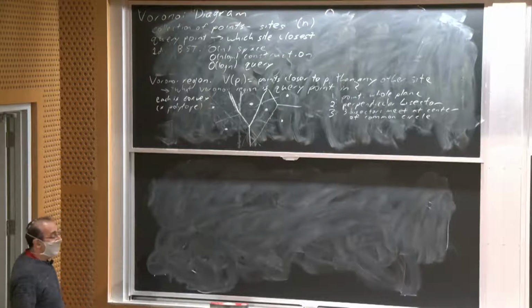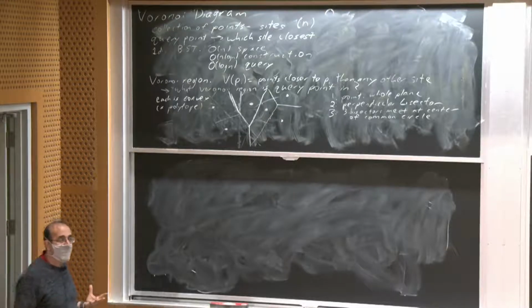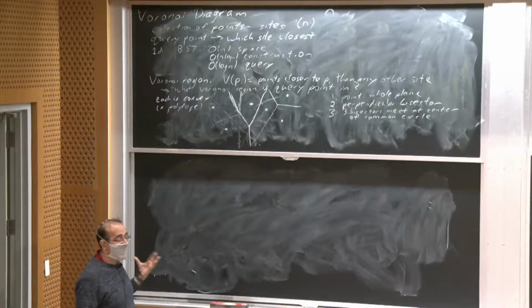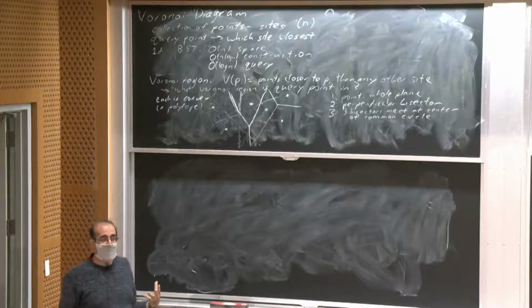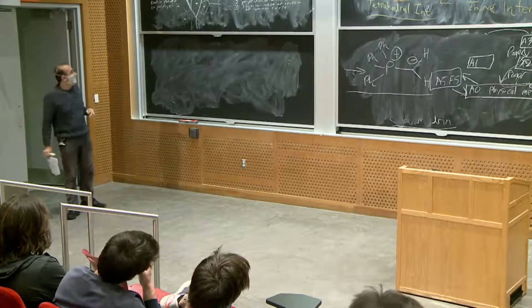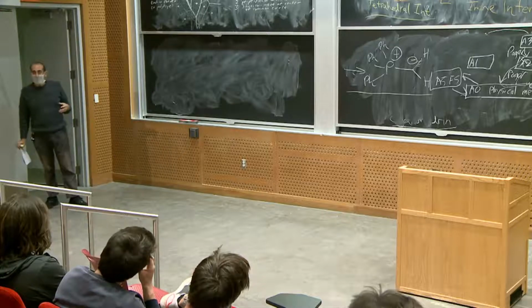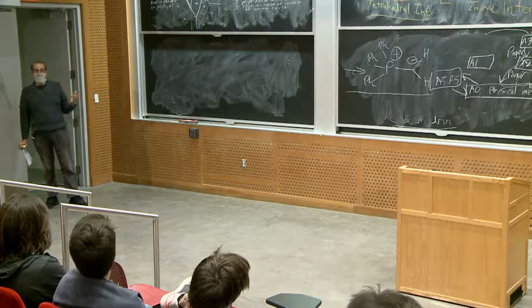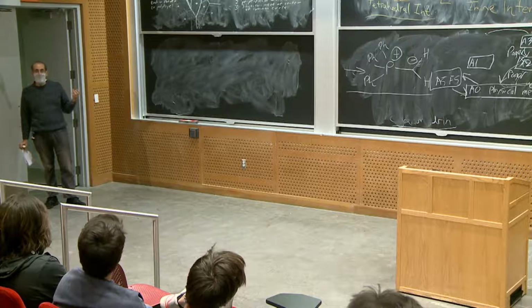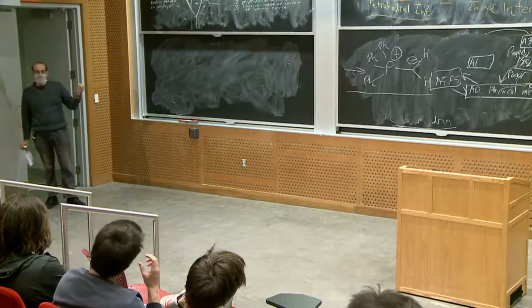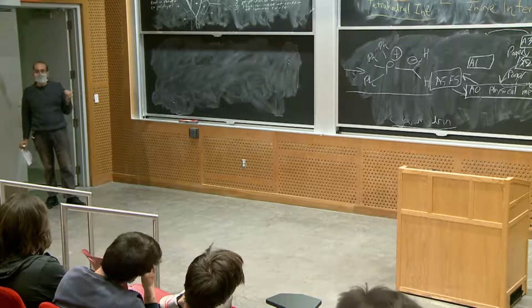So if we can build the Voronoi diagram, this division of the plane into these n regions, one for each site, now the point location problem, the nearest neighbor problem, is just a question of which Voronoi region I am in.